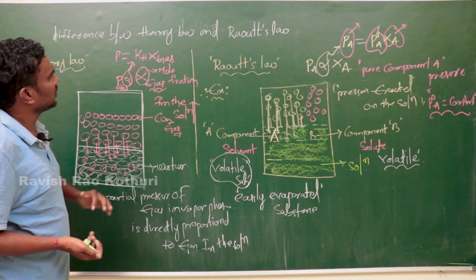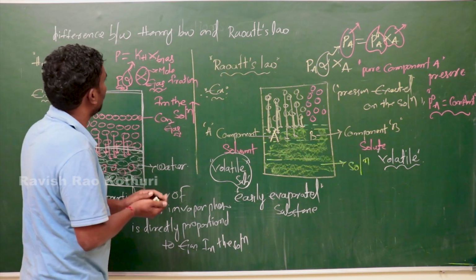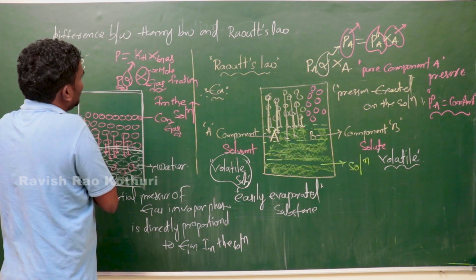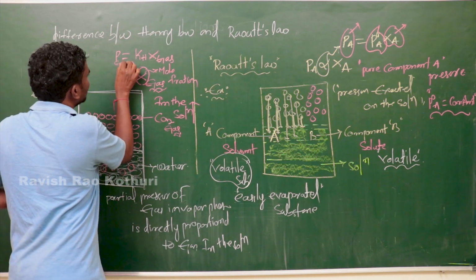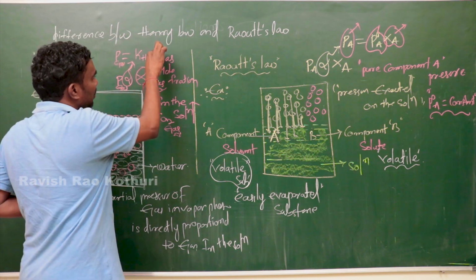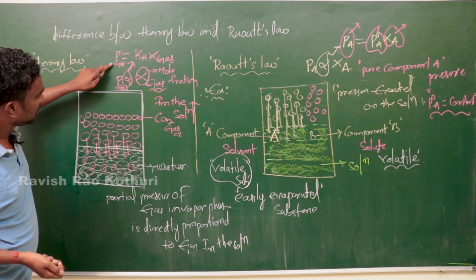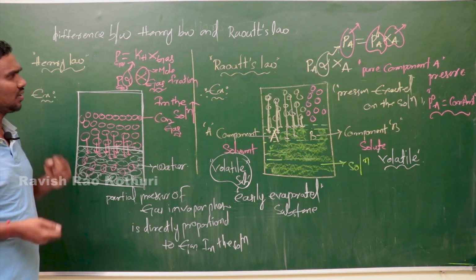So, see, my dears, observe carefully the slight difference here. What is that difference? Here, the partial pressure of gas is directly proportional to the mole fraction of the gas, right?